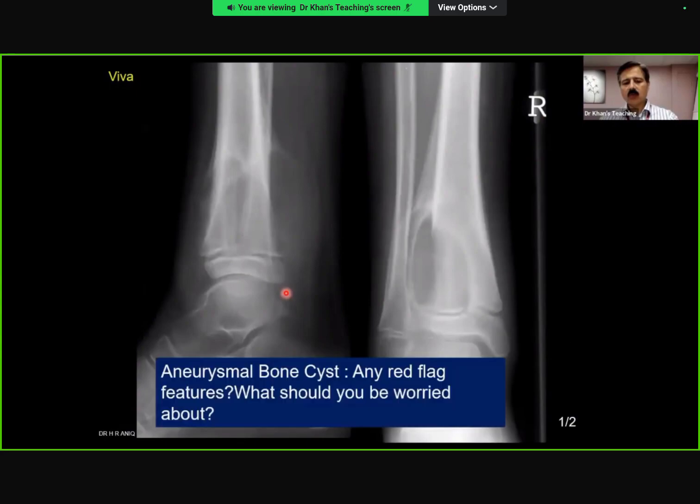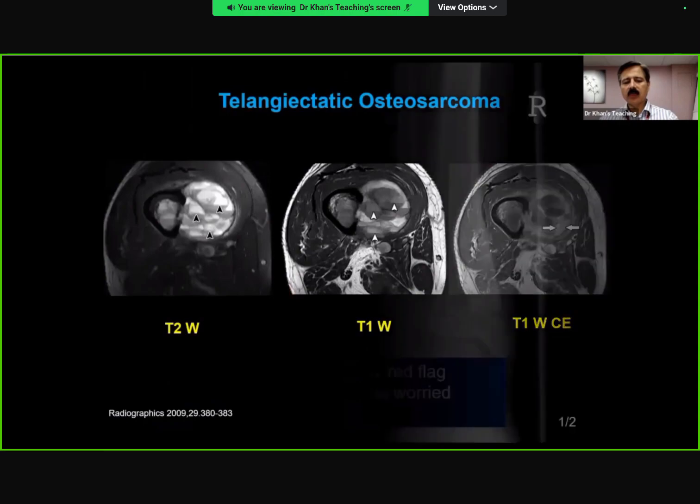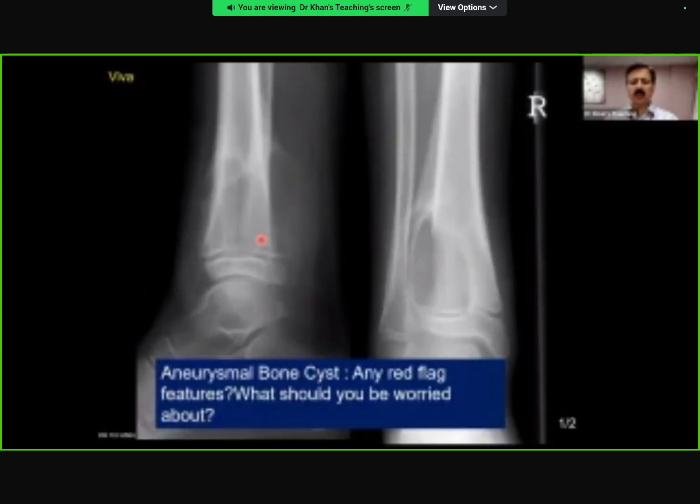Telangiectatic osteosarcoma will be a cystic lesion, you can confuse it with aneurysmal bone cyst. I've seen in my career 2 medicolegal cases like this where we mixed it up, and in just 2 weeks down the road, it just blew up.